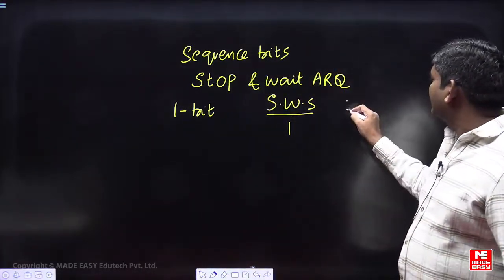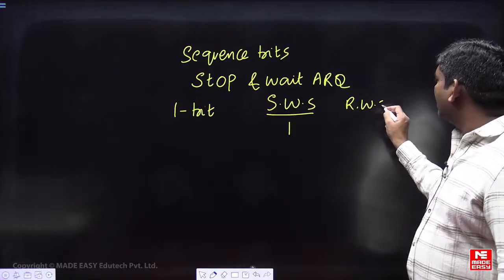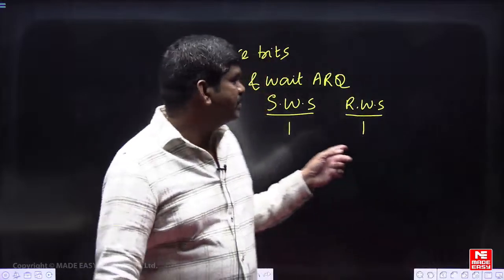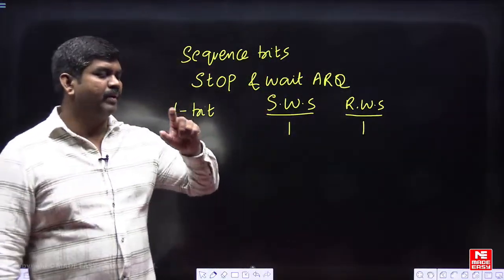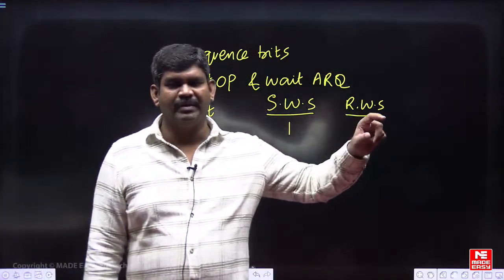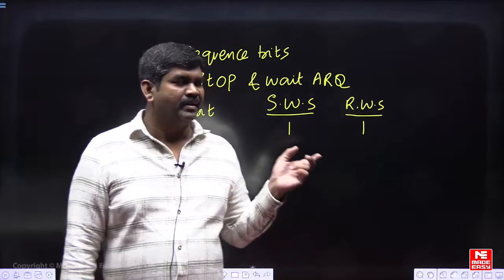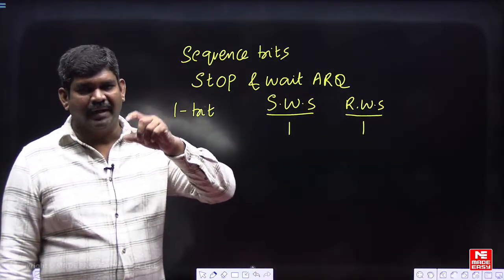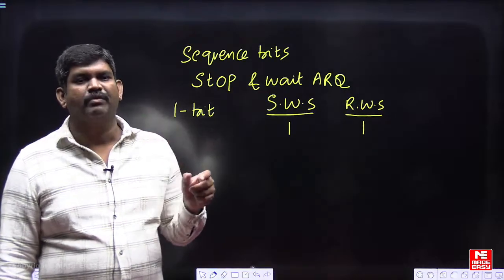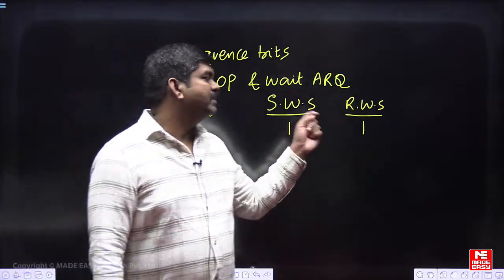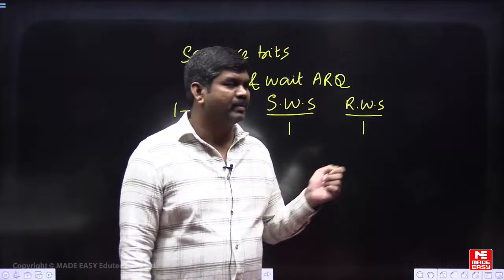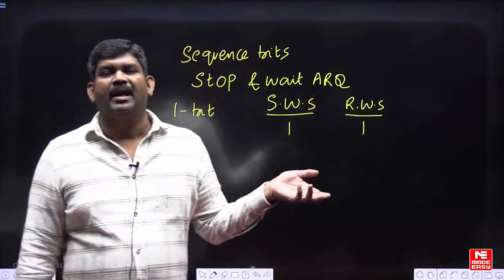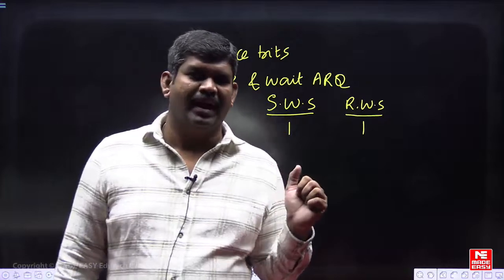And the receiver window size is also going to be 1. The receiver window size is helpful: whatever packet or frame reaches the receiver, the sequence number available in the metadata of the packet or frame is compared with the receiver window. If it is matching, then only the particular packet or frame will be accepted.